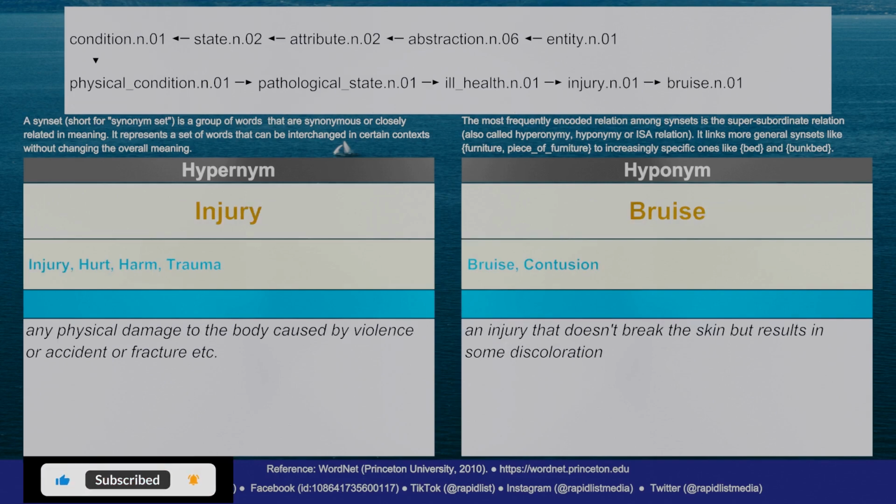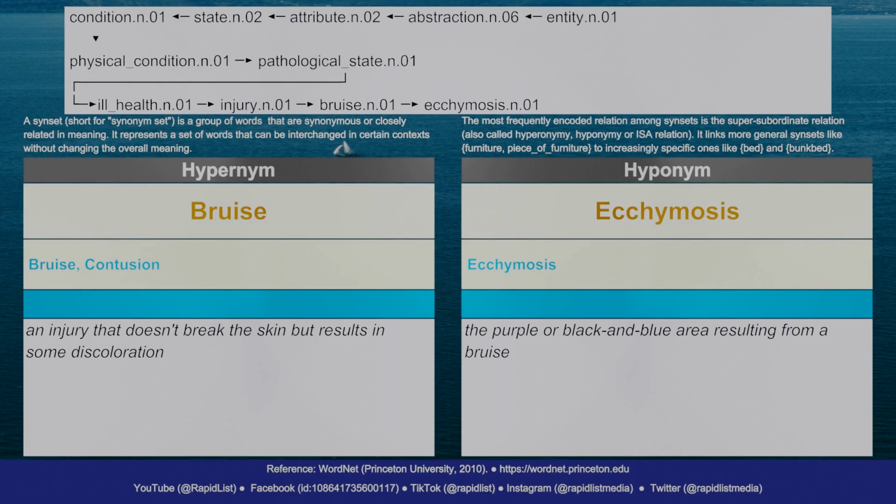Bruise. An injury that doesn't break the skin but results in some discoloration. Ecchymosis. The purple or black and blue area resulting from a bruise.